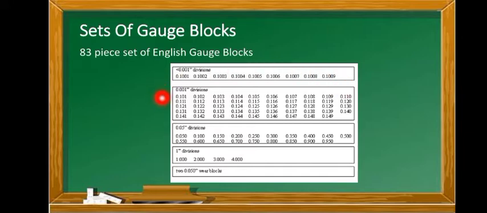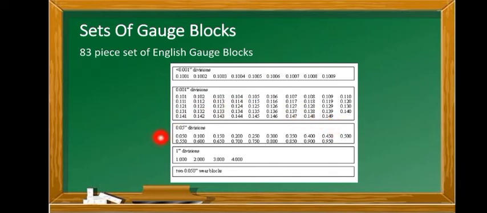On the second group with 0.001 inch divisions, this contains 49 blocks from 0.101 inch to 0.149 inch.